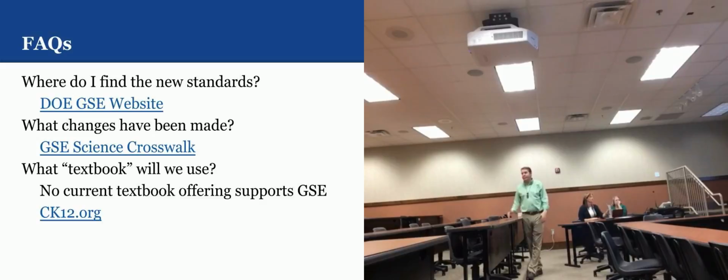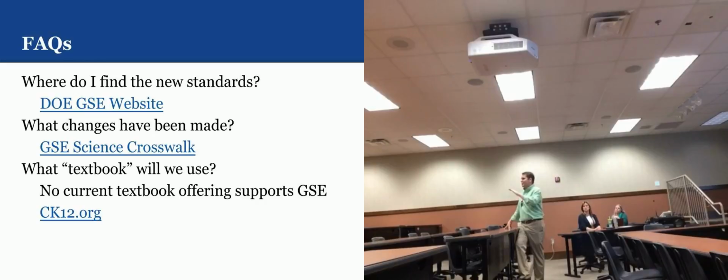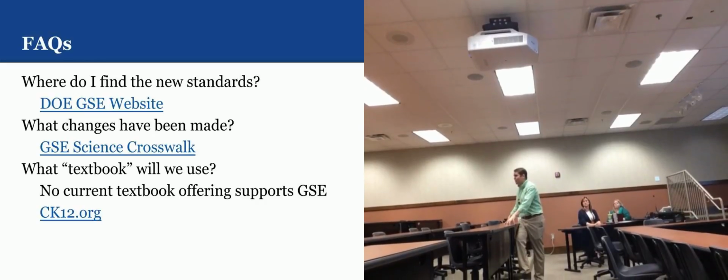What textbook will we use? There's not a textbook that currently supports the GSE, so we're going to work towards creating our own resources, borrowing those from others. Just as a general rule of thumb, if you see things that are labeled Next Generation Science Standards, you can use those, but you'll need to make sure that the topic it's addressing aligns with our standards.